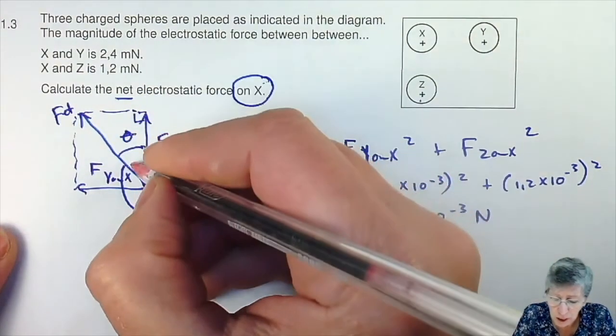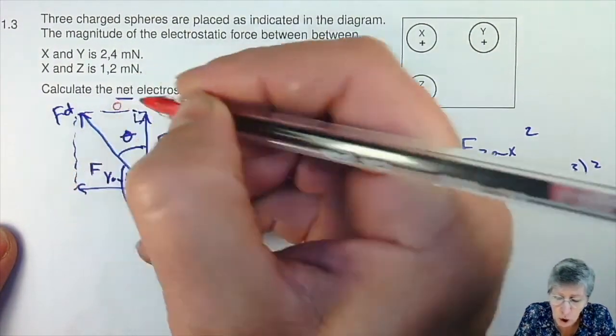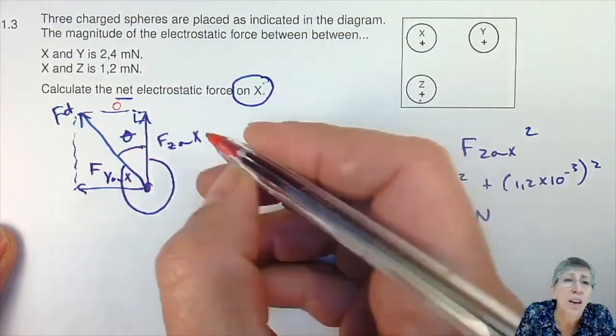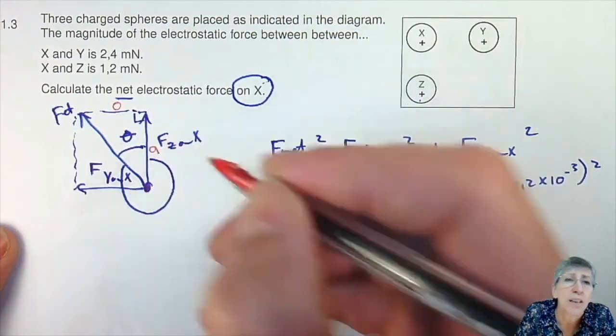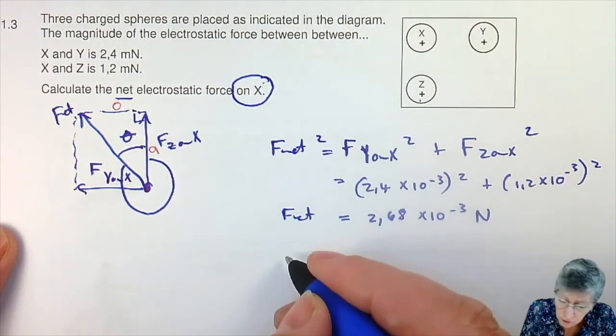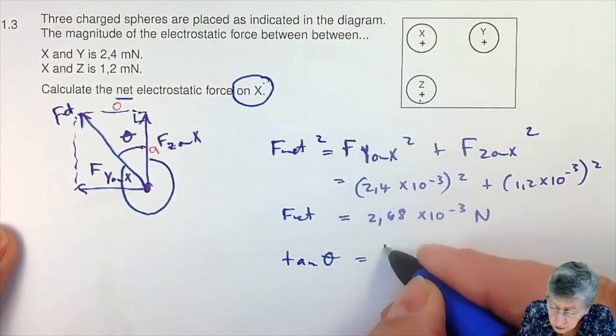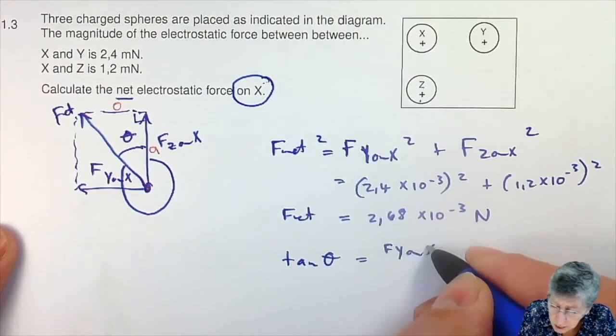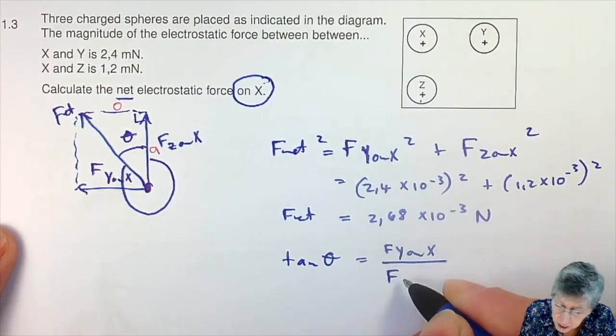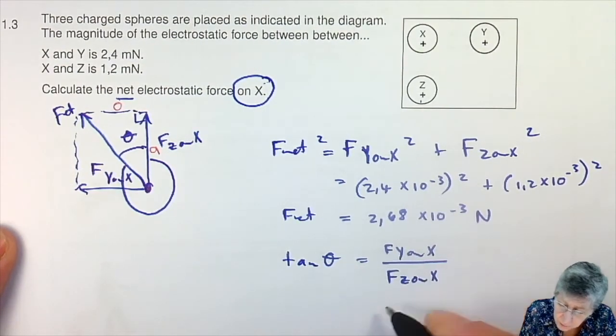Now, for me to work out that one, that will be opposite, right? That is the y on x, and this one is going to be adjacent. So if I go with tan theta being opposite, y on x, divided by adjacent, z on x, right?